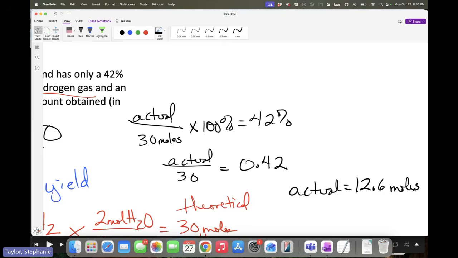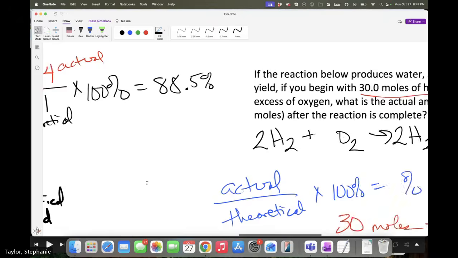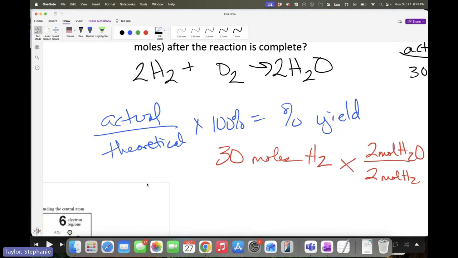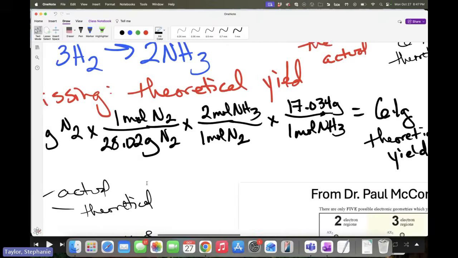We can either give you two out of the three, but we have to give you enough numbers to solve because it's got three variables in that equation. So you have to have enough information to get two out of the three so you can solve for the one that's left over. So hopefully that helps with percent yields.